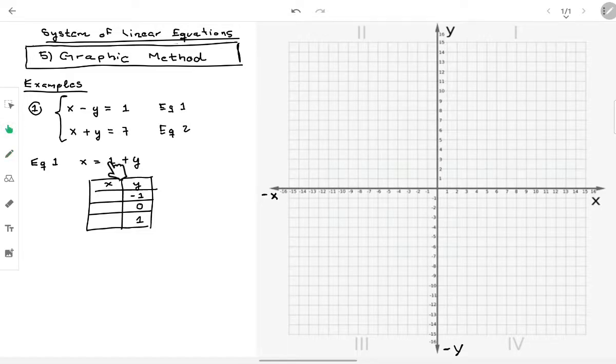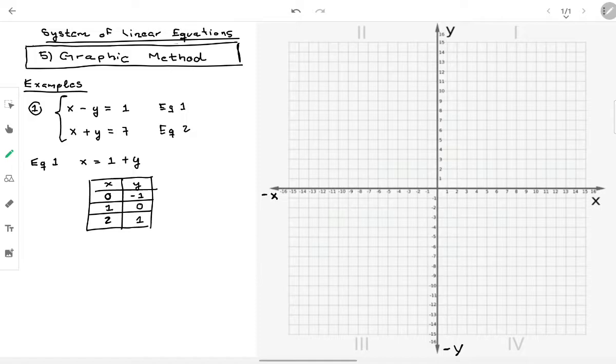So if y is minus 1, it's going to be 1 minus 1, which is 0. What happens next? If y has a value of 0, 1 plus 0 is 1, so x will have a value of 1. What happens if y has a value of 1? It's going to be 1 plus 1, which is 2. So we have 3 points.